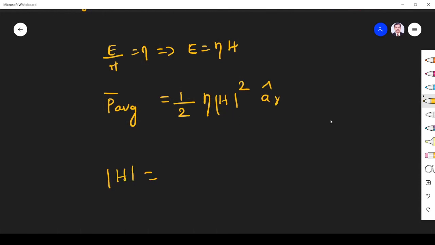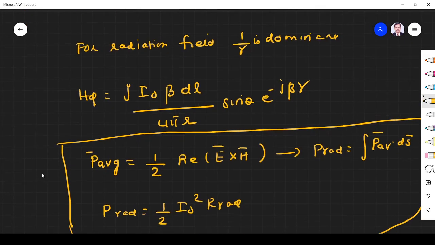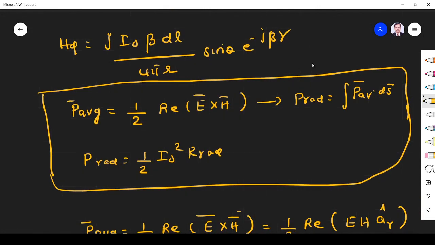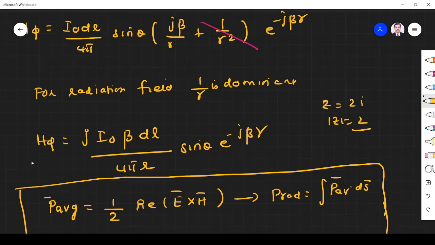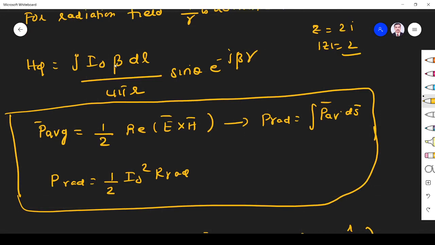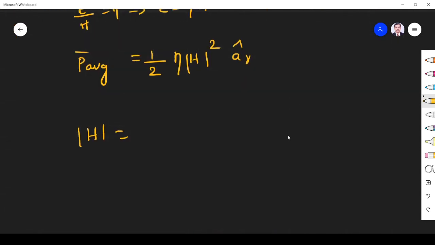If you take the magnitude, j will go away. If z is equal to 2i, then mod z is 2. Similarly for mod H, j will be removed and the remaining things come as they are, as mod H, I naught beta dl, like that. You must remember that, so I will do it later.